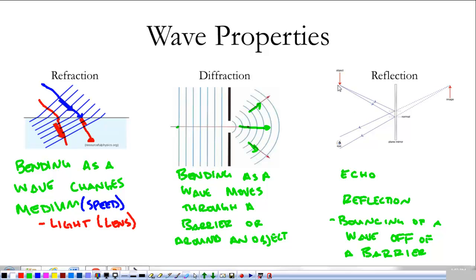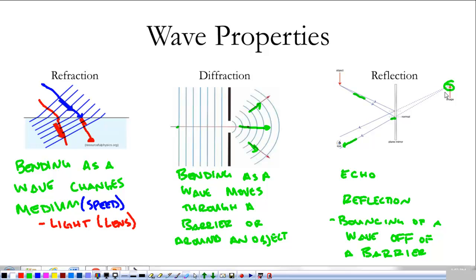In reflection, a light wave comes in from an object, hits the mirror, and bounces off perfectly and gets to your eye, and you see the image somewhere behind the mirror. We'll talk about this a little bit with light, a little bit with sound, and a little bit with strings.